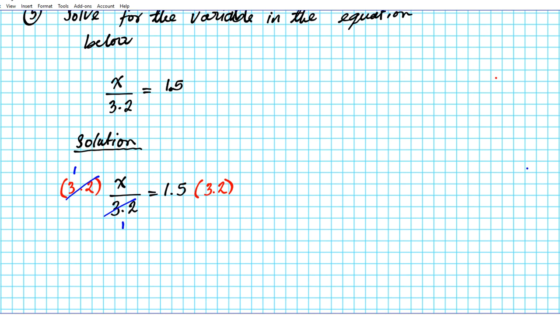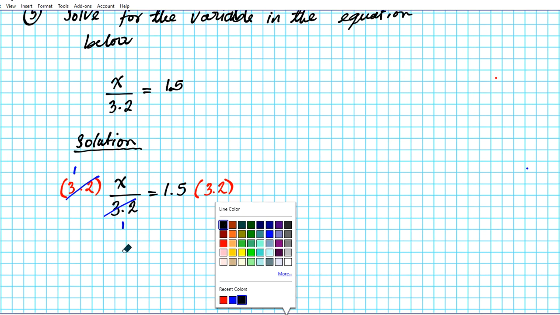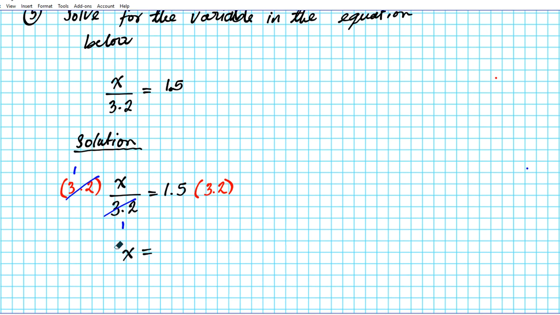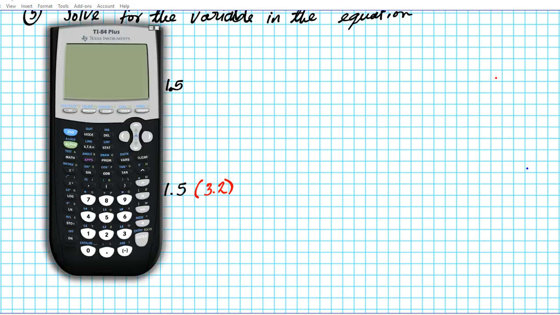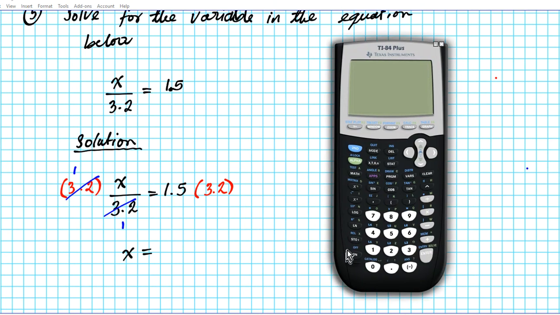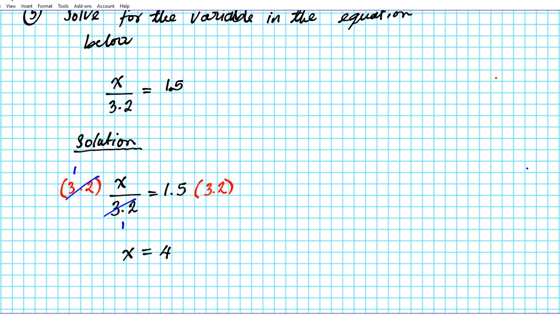And then we have x is equal to, now let's put this into our calculators. We want to compute the product of 1.5 and 3.2. 1.5 times 3.2 is 4.8. So that, ladies and gentlemen, is the value of the variable that satisfies the equation. Alright? So that's that.